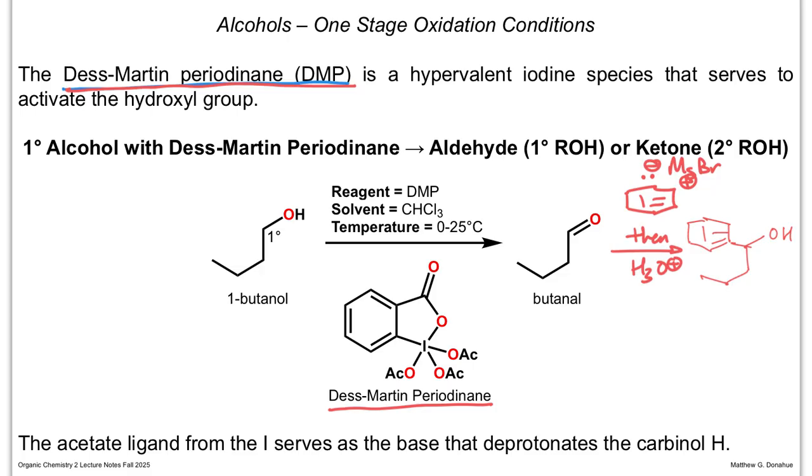So overall, that step is a reduction, but now we've ended up with a secondary alcohol. Then you might imagine we could oxidize that to a ketone, add some other group to it, and we would end up with a tertiary alcohol.